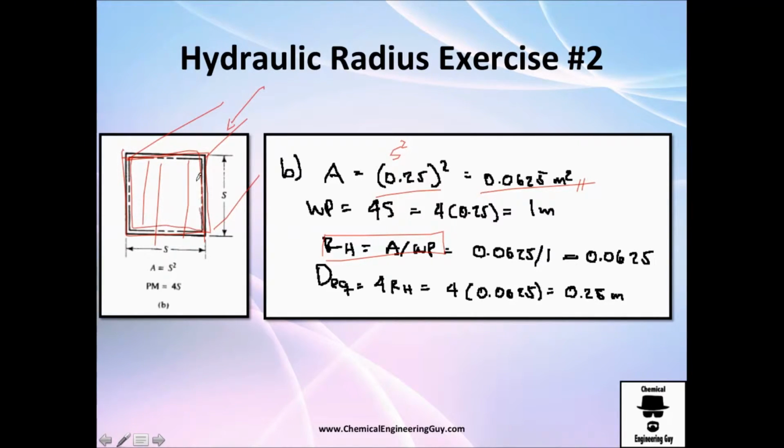What touches the fluid is essentially all the walls, so this is essentially the perimeter of a square, so it's 4 times this side. So s is 0.25 meters. Let's multiply it by 4 and we got 1 meter. The hydraulic radius is essentially just this number divided by this number right here, and I got this one.